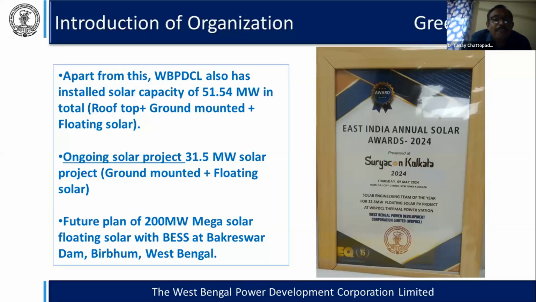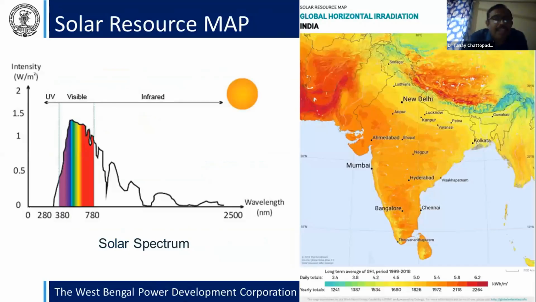Now, at first, I am telling about the solar resource map, that is global horizontal irradiance. You see that in this region of India, Gujarat and Rajasthan, and at the southern region of India, there is higher global irradiance. At West Bengal, Bihar, and the north east region, the solar irradiance is very small.